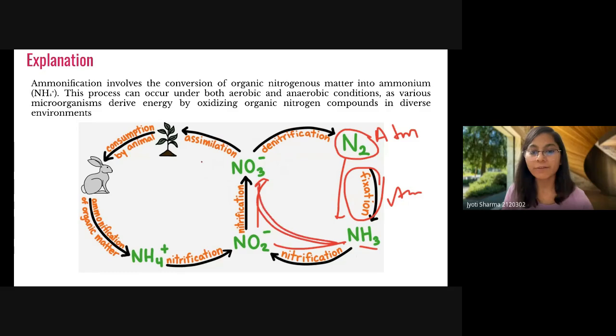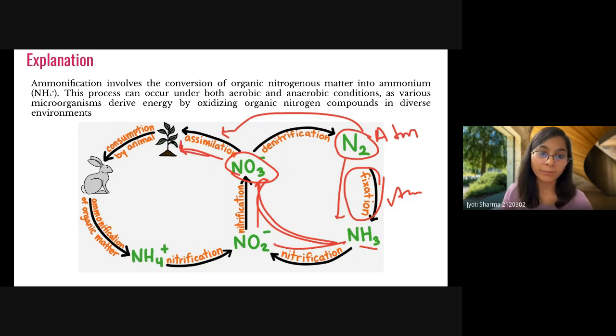And why are we changing this? Because this nitrate is consumed by the plants. Plants cannot consume N2 directly from the atmosphere, but it should be in the form of NH3 or nitrate that the plant can utilize. So that's why this NO3 will be utilized by the plant. After that, this plant will be consumed by animals. Then animals, using ammonification, will release NH4 ammonia.